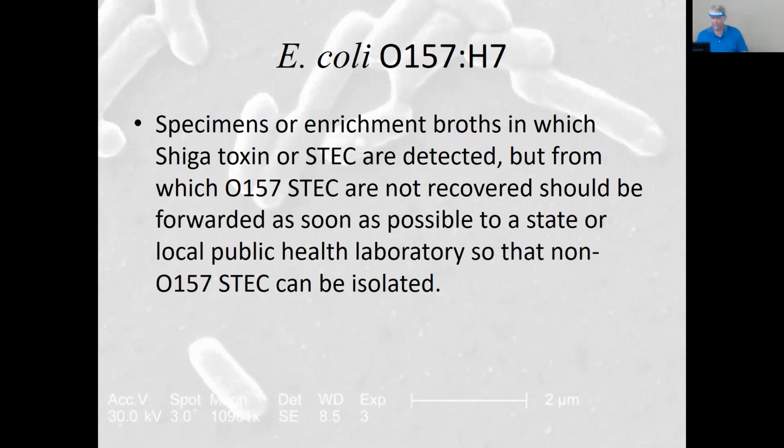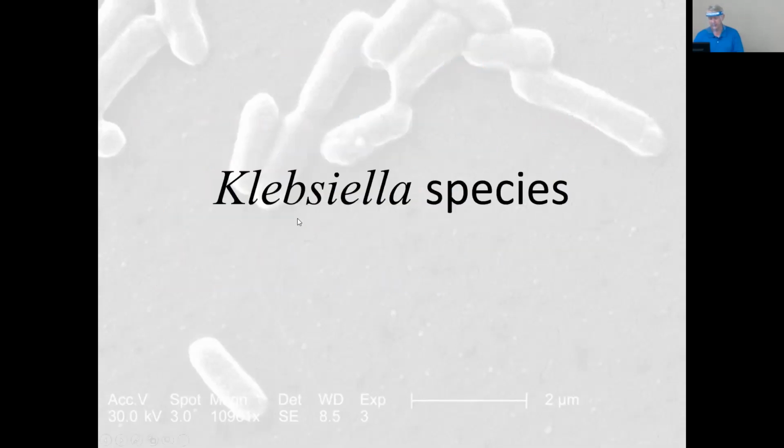Remember, the specimen or enriched broth in which the Shiga toxin E. coli are detected, but from which O157 STEC are not recovered, should be forwarded as soon as possible to the state and local laboratory, so that non-O157 STEC can be isolated. So you're screening it both ways. Questions on that?